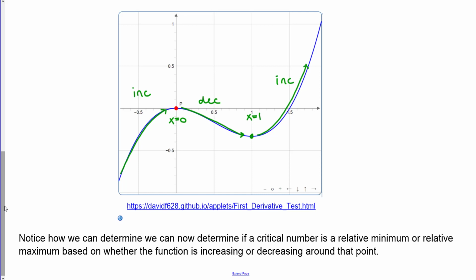Because if we go from an interval that is increasing and then switches and starts decreasing, it goes from increasing to a point and then starts decreasing. That point has to be a maximum. And if we are decreasing, come to an extrema, and then start increasing, that point has to be a minimum.